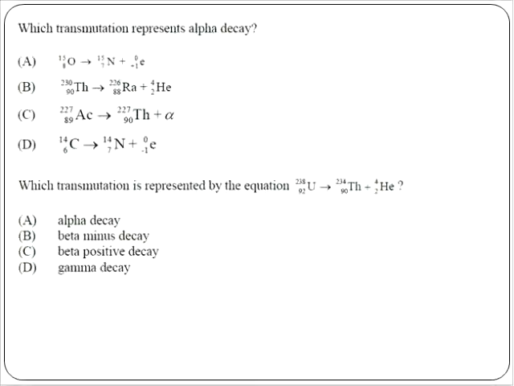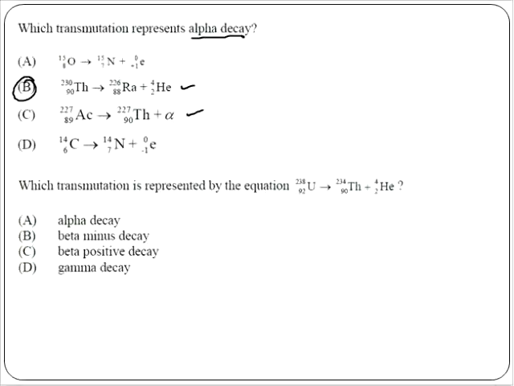Next question. Which one of those transmutations is alpha decay? Well, again, you've got to look for the alpha. Now, there's two here that have an alpha particle, isn't there? Those two. But only one of them is written correctly. And that would be B, because you look at the numbers, right? 226 plus 4 is 230.